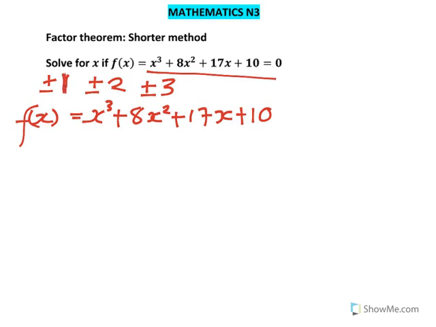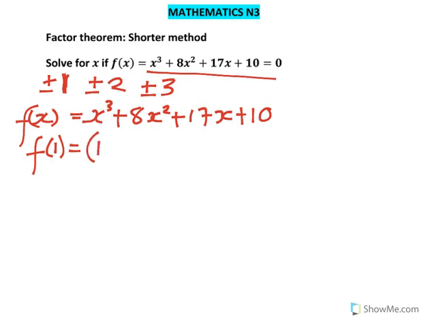So you have to start maybe with a positive 1. So what you do, you say f of 1. Sorry, I'm not supposed actually to be writing these now because I've already gotten the value of x. So now what am I supposed to do?